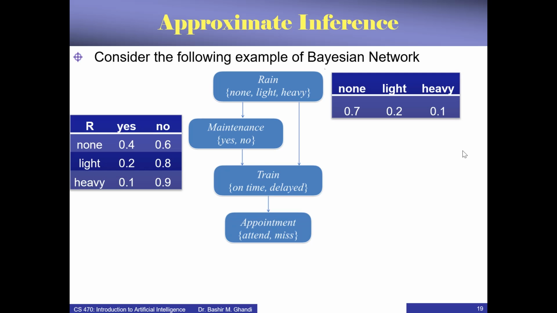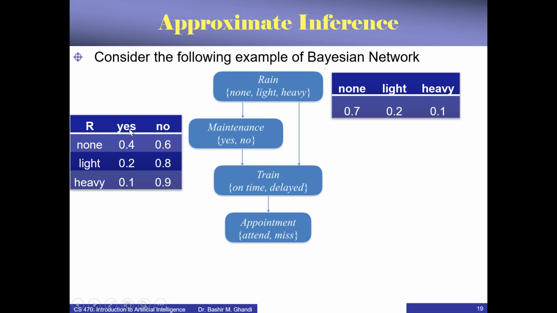For the maintenance, as we said, it depends on whether there is rain or no rain. If there is no rain at all, the probability of maintenance is 0.4, and the probability of no maintenance is 0.6.